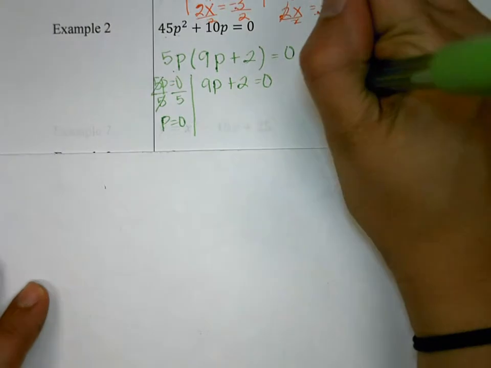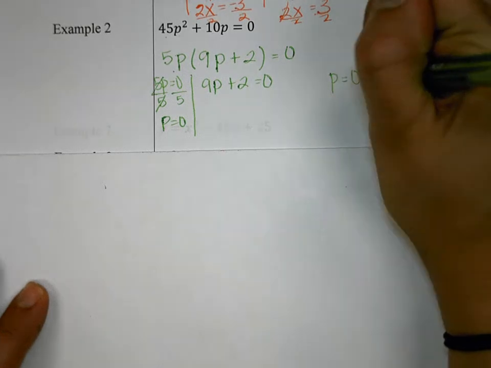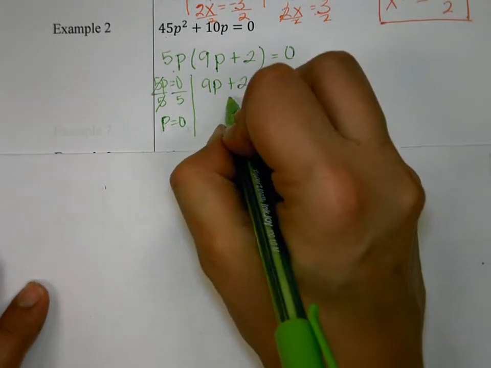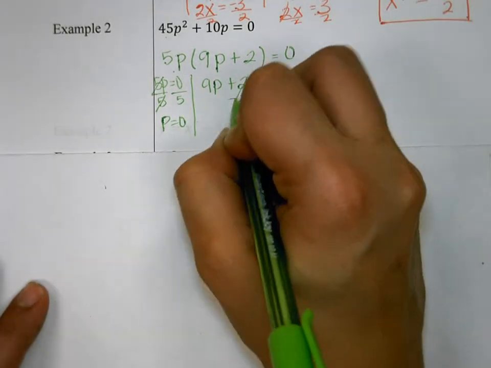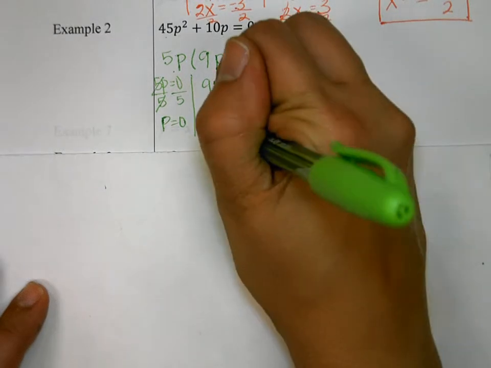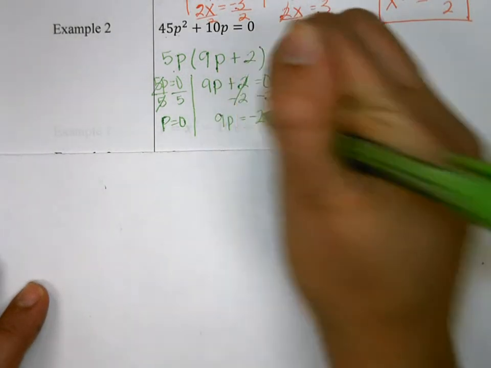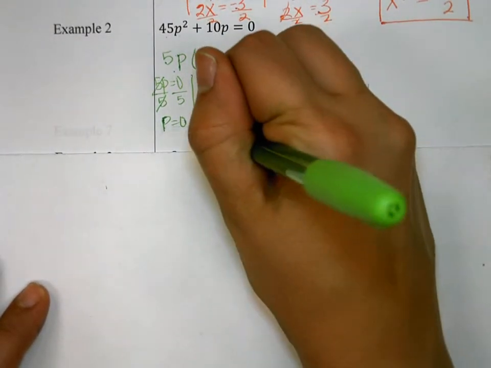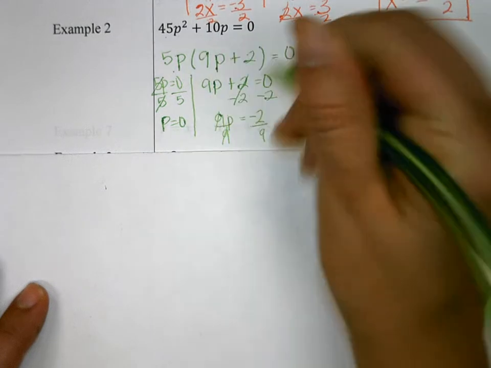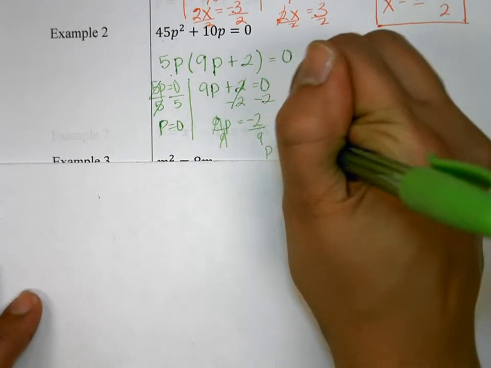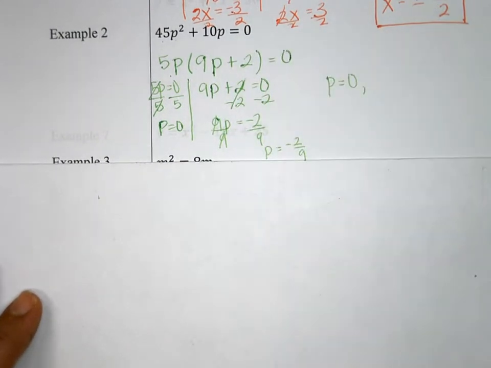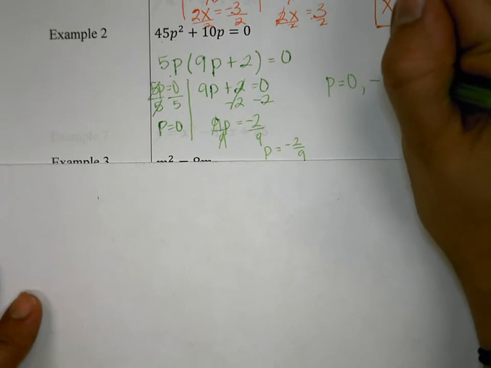So one of my answers is p equals 0. And then on this side, I'm going to subtract 2 from both sides. So that's 9p equals negative 2. And then I divide both sides by 9, and I get p equals negative 2 over 9. So my second answer is negative 2 over 9.